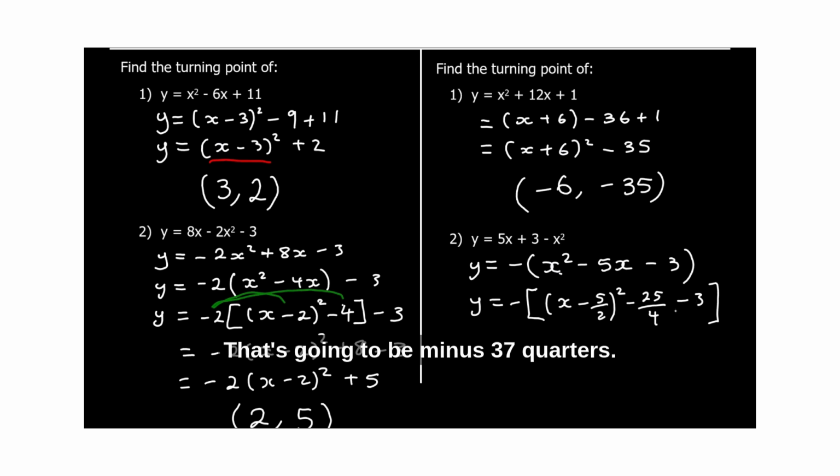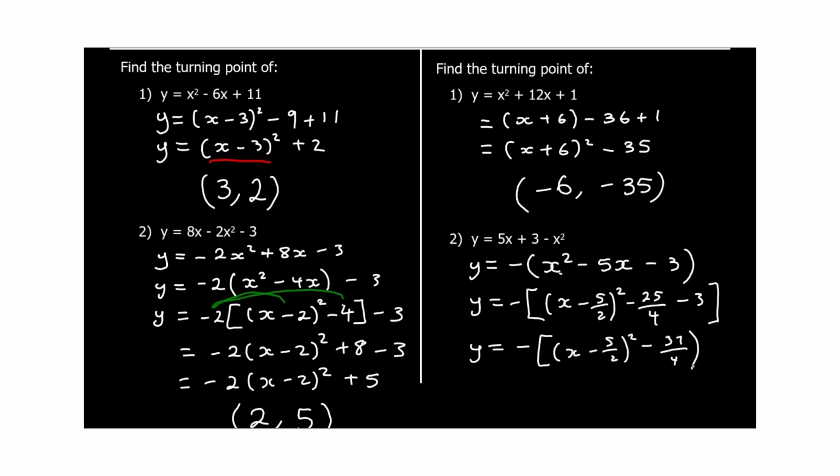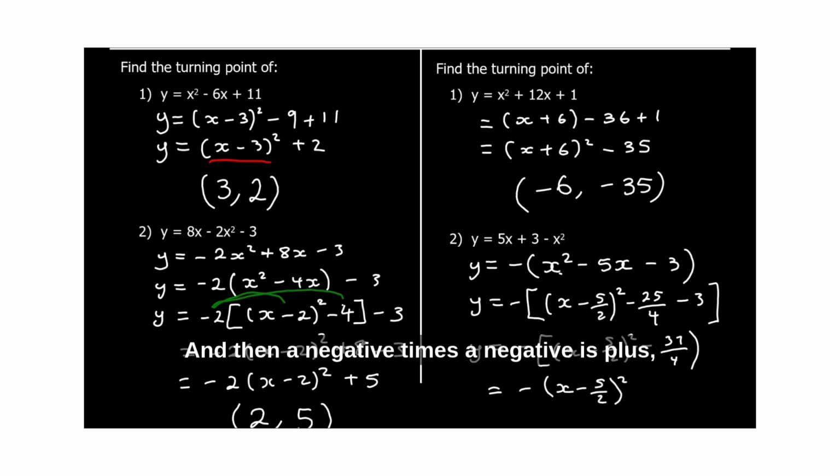That's going to be minus 37 quarters. And then I can times through by the negative. I have minus x minus 5 over 2 squared. And then a negative times a negative is plus. So plus my 37 quarters.